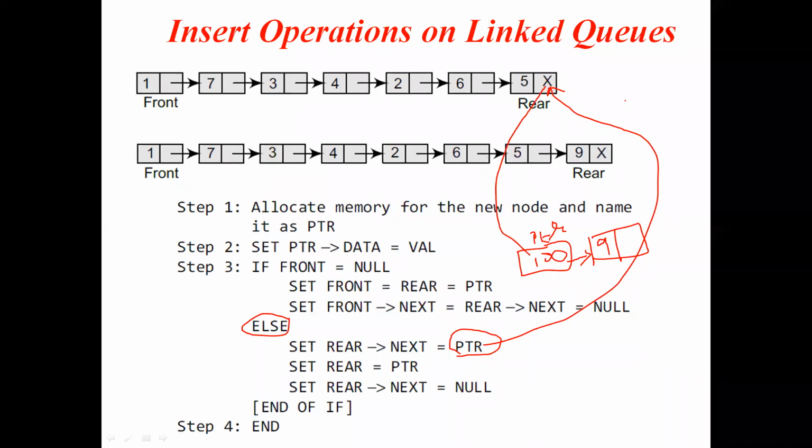Already you have the rear variable, right? You will be having a rear pointer variable also. I'll show it in the coding also. You will be having a separate rear pointer variable that will hold the address of the last element. Let it be 500, which means the address of the last element is 500.